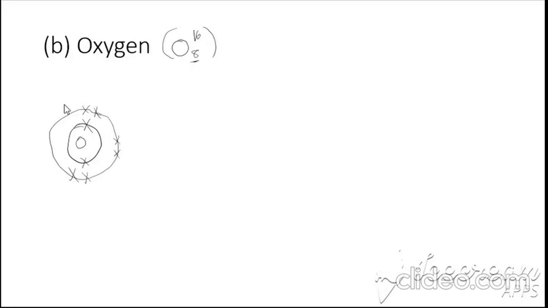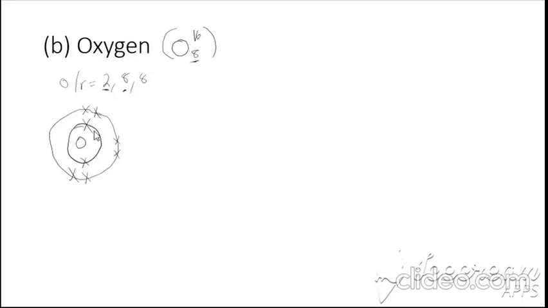Now this second shell should have how many electrons according to the octet rule? 8 electrons. Remember, octet rule: first shell 2, second 8, third what? 8. The first shell is satisfied with 2 electrons, but the second shell is having 6, not 8. So oxygen should gain how many electrons? 2. There are 2 electrons missing here.